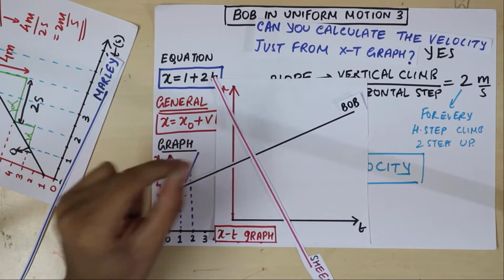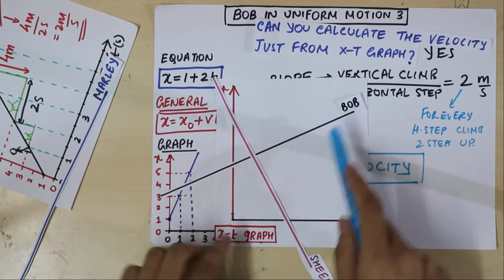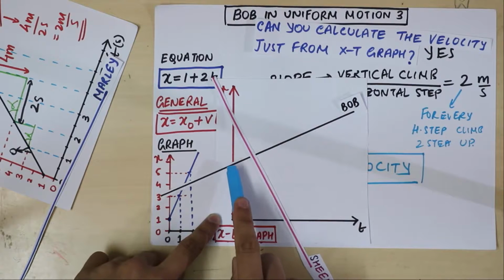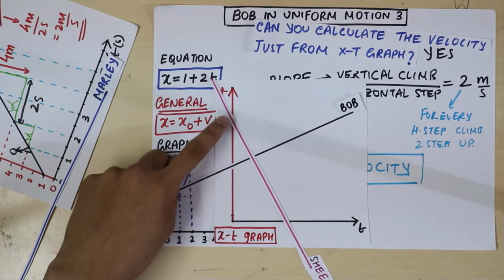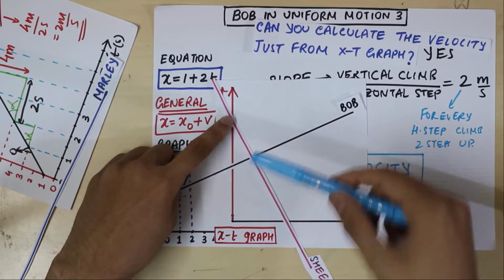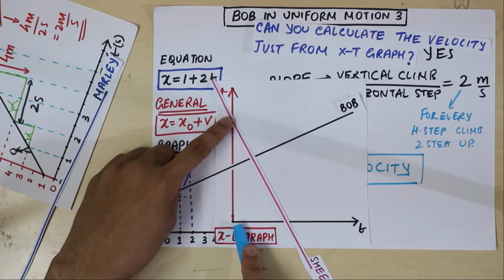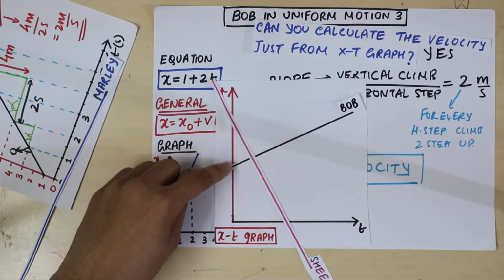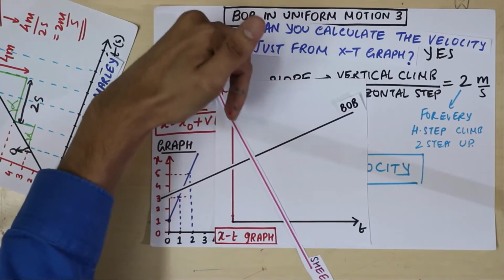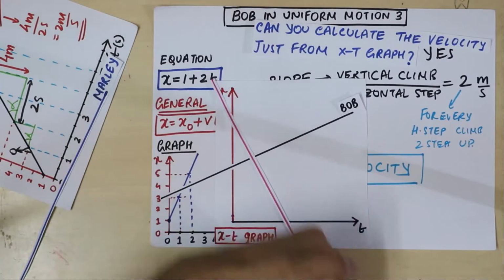So, what is Bob doing? Well, Bob is doing something usual. At time t equal to 0, he's over here and then he's moving slowly this way. But look at Sheila. Sheila is not doing that. Sheila at time t equal to 0 was here. She was already at a high value of position. And then as time progresses, she's actually moving along the negative direction. If you thought of a dude over here, this mountain is sloping downwards.